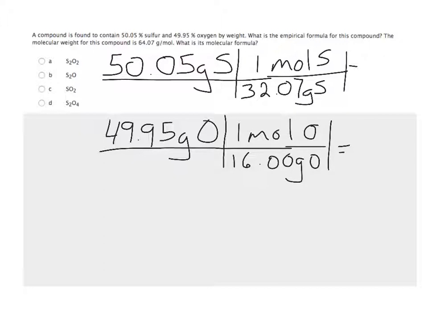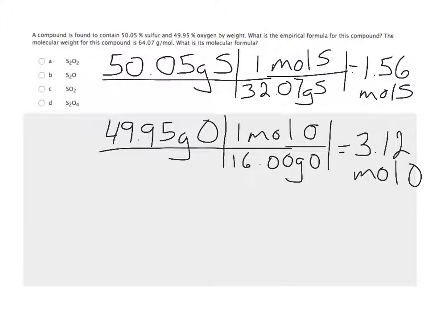So I plug this into my calculator to see what that is in moles. So 50.05 divided by 32.07, and we end up with 1.56 moles of sulfur, and then 49.95 divided by 16, and we get 3.12 moles of oxygen.